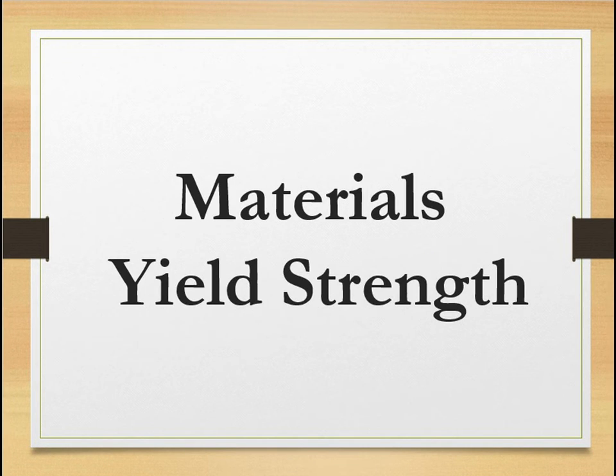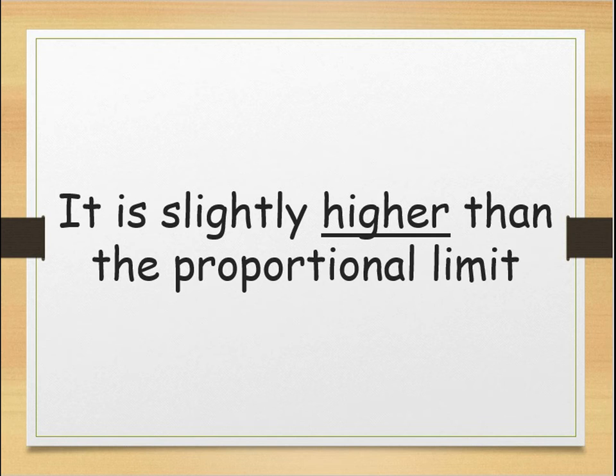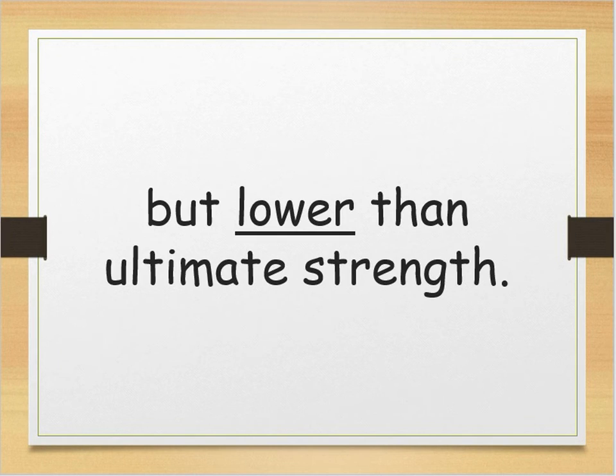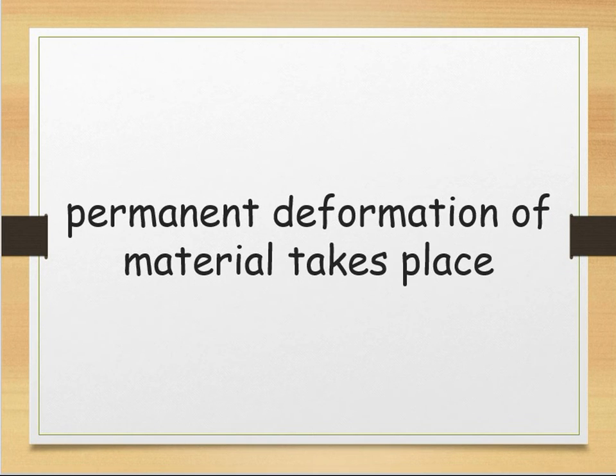The magnitude of stress at which the transition happens is slightly higher than the proportional limit, but lower than ultimate strength. It indicates the point where the force applied to the material exceeds the proportional limit. As a consequence, permanent deformation of the material takes place.